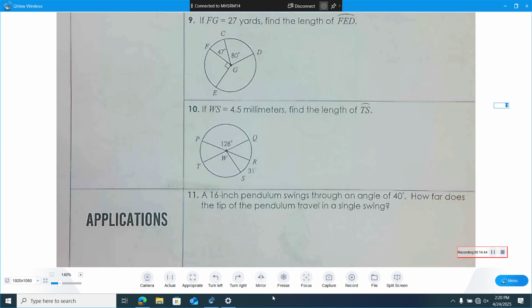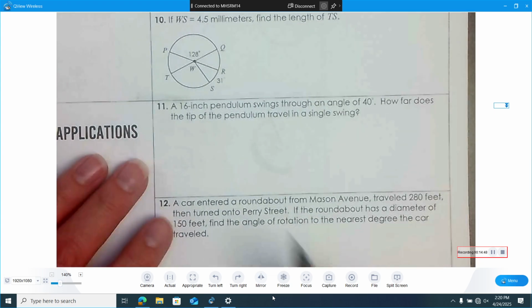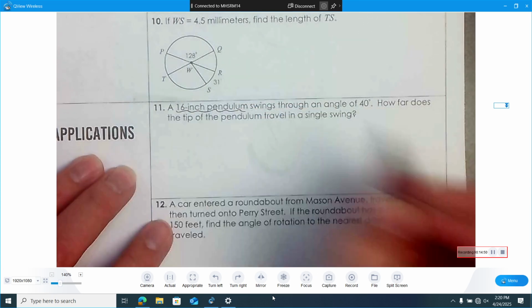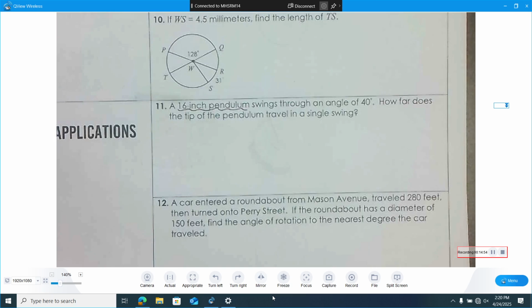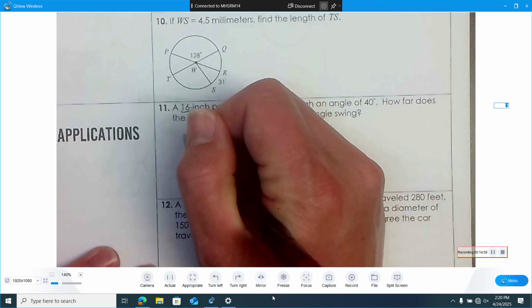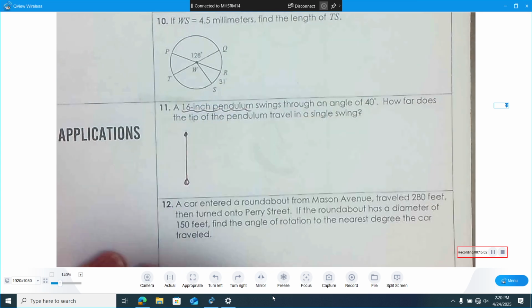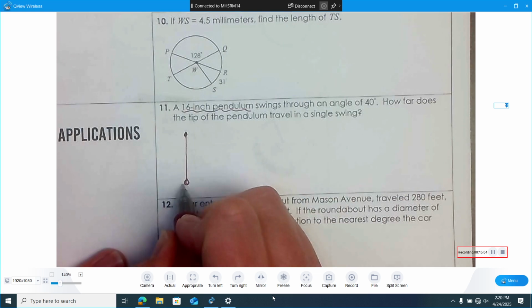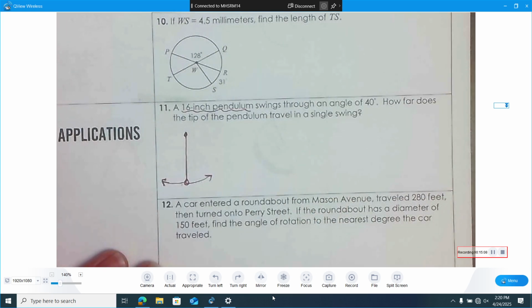Let's look at number 11 and 12, and then we're done. All right, we have a 16-inch pendulum. What is a pendulum? It's like the thing that swings on a clock, right? Okay. So we have the center, and then this pendulum swings down, and it swings side to side in this little arc.